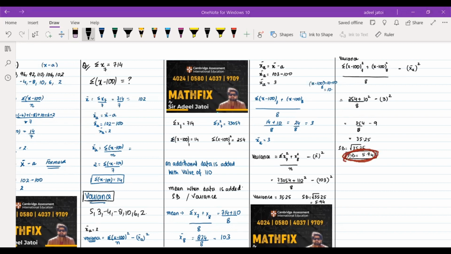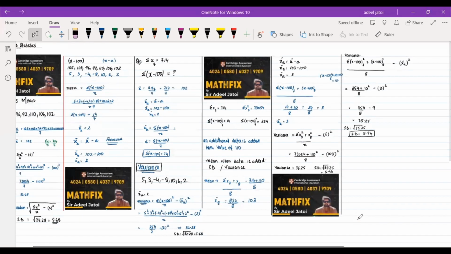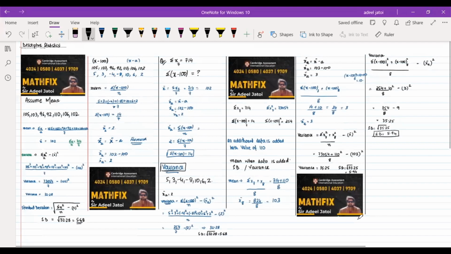When your data of the standard deviation will be given, you will be using this formula to find out the summation of x minus 100 whole square, or the sum of the entire value. That means this will also be the reversal working. Reversal working can always be considered through the past paper questions that we'll be using to solve. I hope that I've made myself very clear.